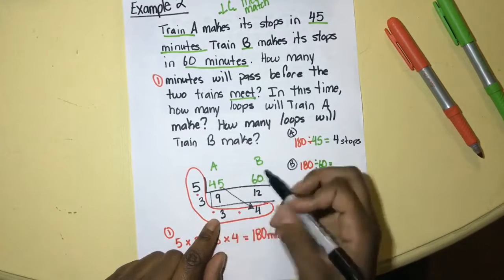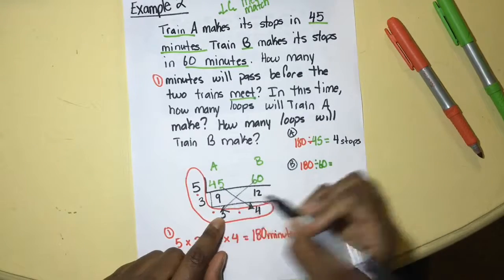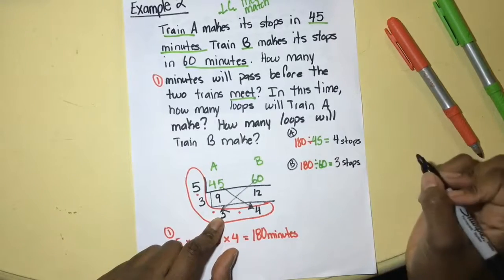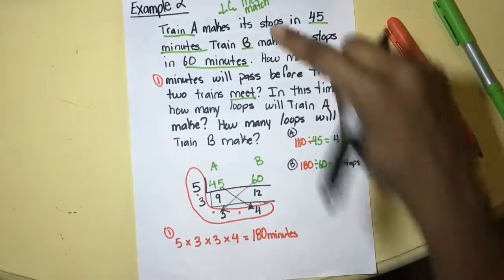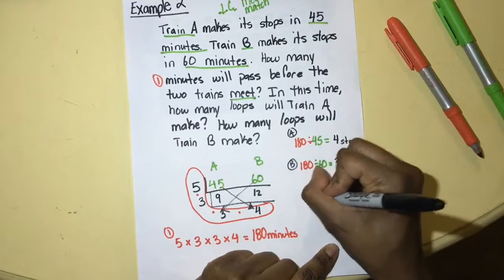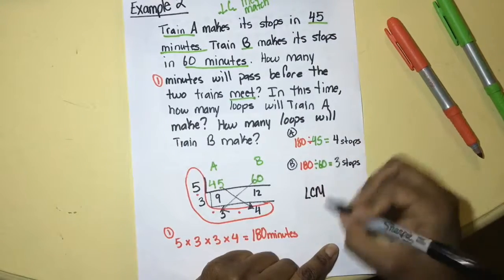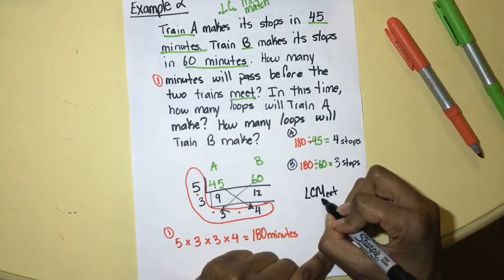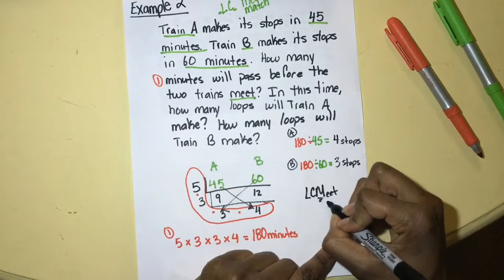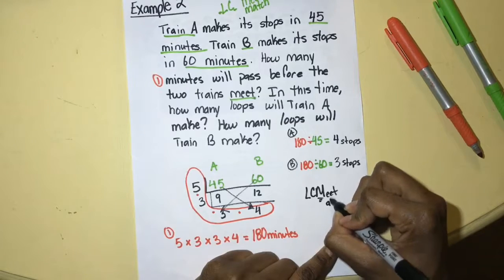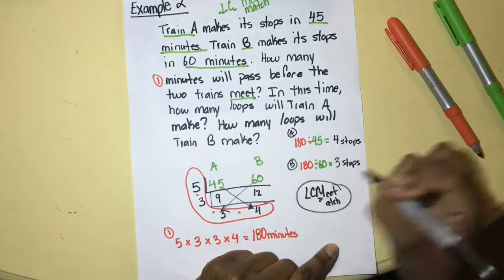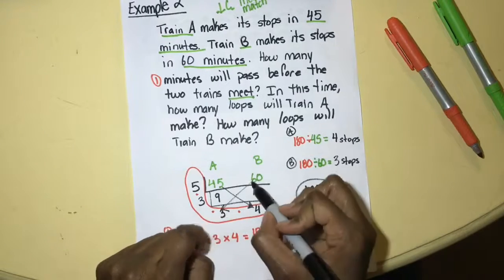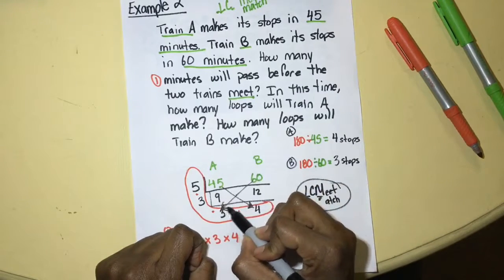You guessed it. 3 stops. So when you think of LCM, I want you to think of when things are meeting or maybe matching, okay? And if you want to use your table, we cross.